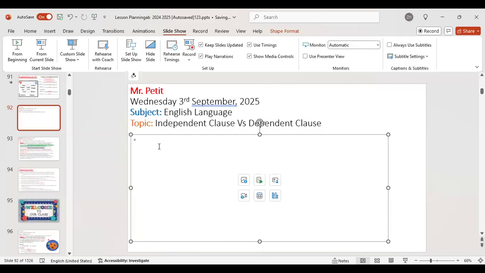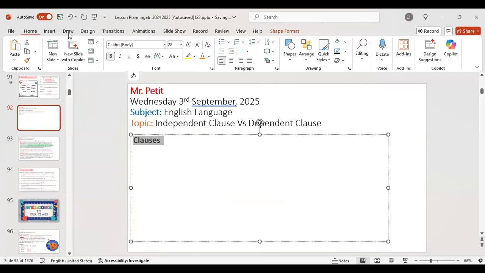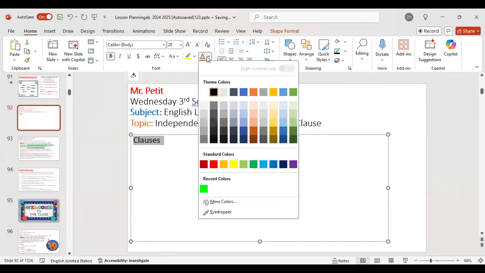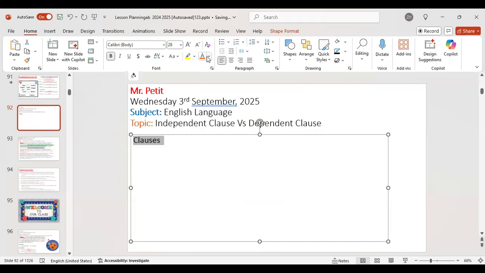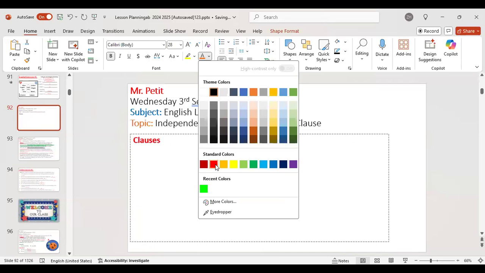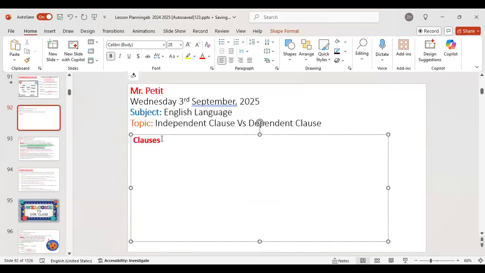Okay. But let's first start off talking about clauses, right? What do we mean by a clause? Just like in science, what is the building block of all living things? Cells. Cells, very good. Cells are the basic unit of all life. If we talk about matter, what is the building block of all matter? That would be atoms, right? Atoms. Very good.